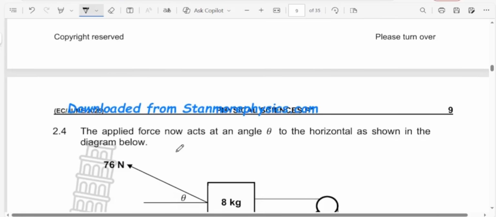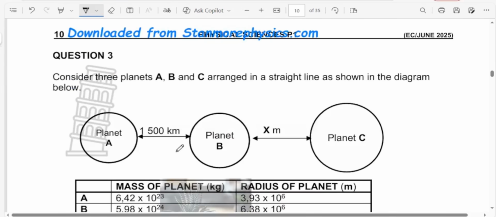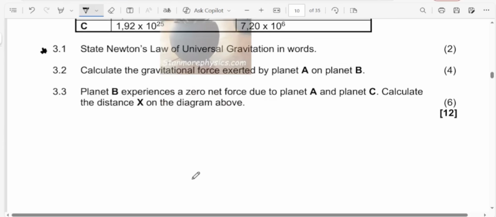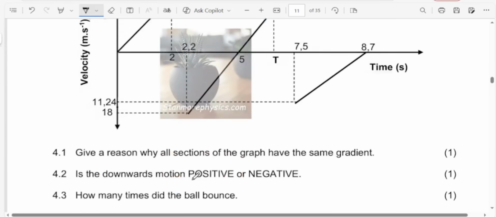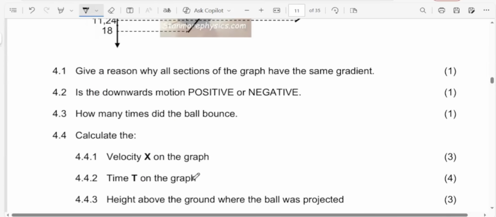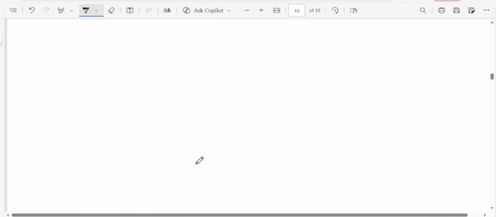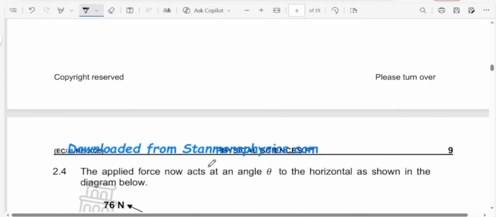If you go to question 3 and they say, state Newton's law of gravitation in words, know that the next calculation has to do with that law. Even if you go to question 4 and it has to do with vertical projectile motion, they'll want you to define free fall and so on. But today we're going to focus on question 2.